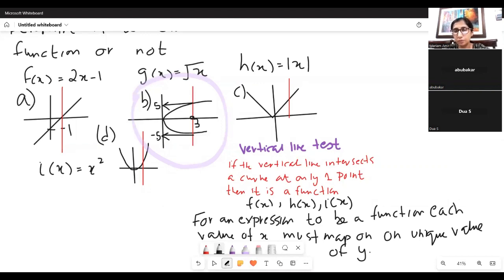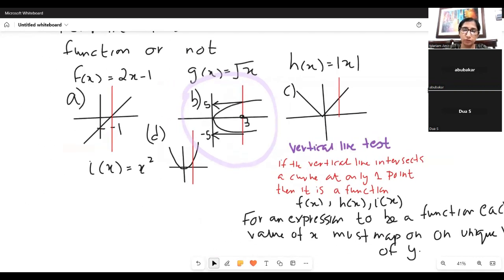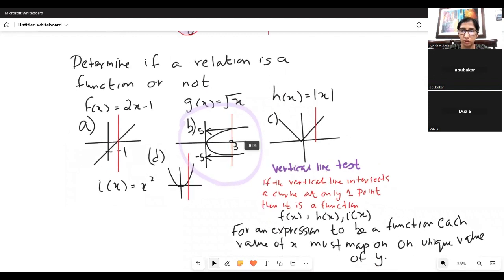But how do you write it down? You say that each value of x must map on a unique value of y. Then it is a function. Otherwise, it's not. Okay. So we've discussed whether a relation is a function or not.